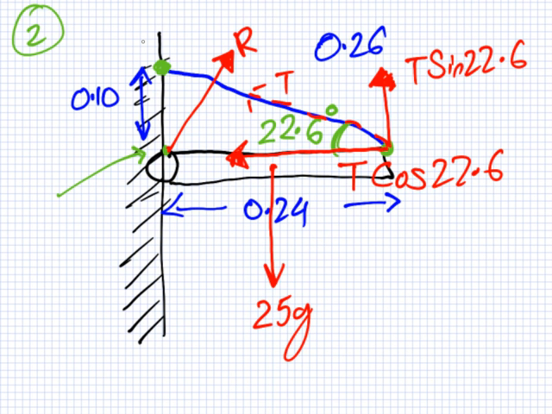So the wall is also giving me a reaction upwards. Here, the wall or the nail or the screw is holding the steel. So there's an up force to stop it falling, and there's a force to the right. So together, it makes this.